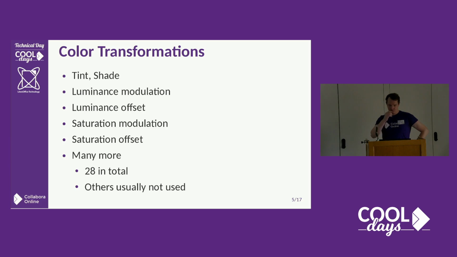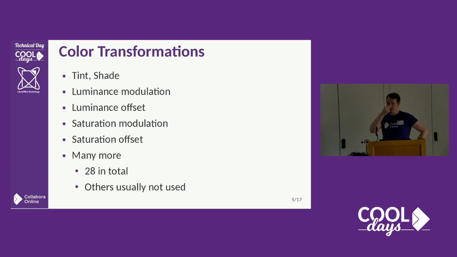So if you select accent color 1, you can additionally change the colors with a transformation, and there are a lot of transformations that can be applied. I counted 28 of them, but they are more, let's say, duplicated.